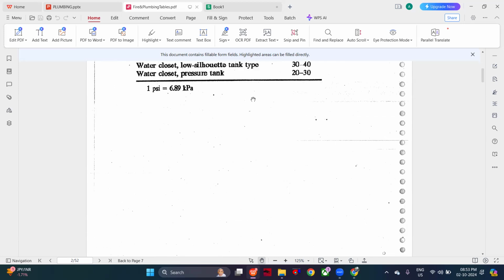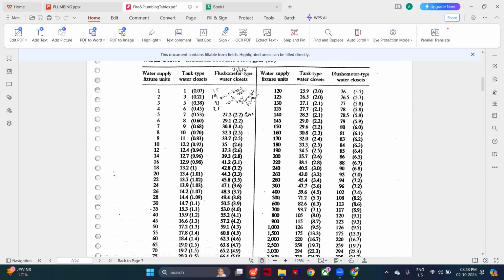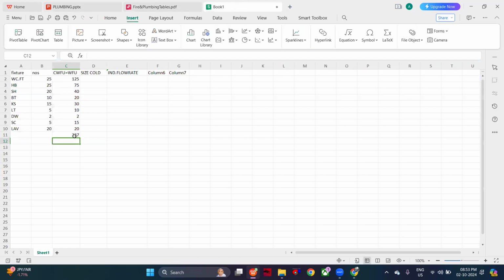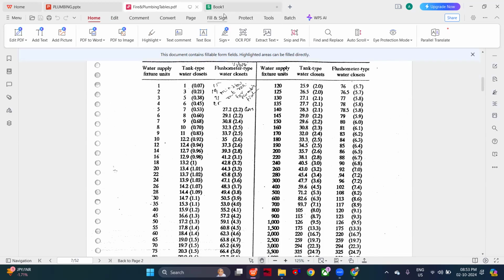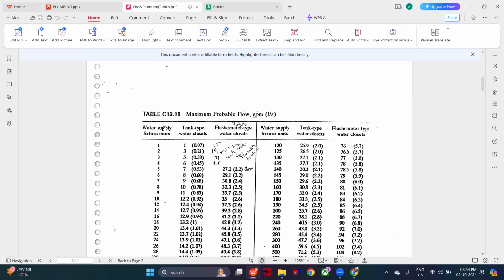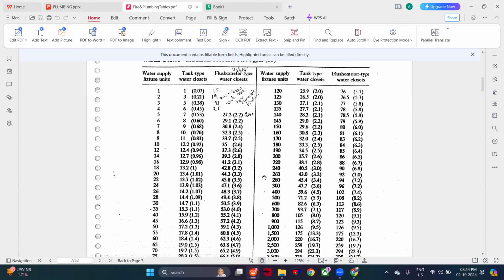Then come to that page number 7. This is the total flow rate. This is the water supply fixture unit. If I have 337, where is 337? The fixture unit is here. There is no 337. After 300, that's 400. So take 400.